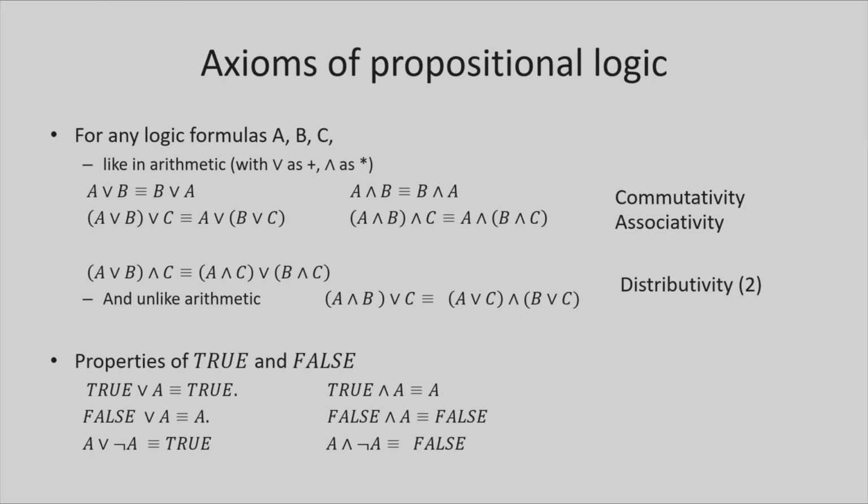We could think about a theory of propositional logic where the objects it deals with are logic formulas, connectives, and so on, and where the rules, the axioms, are exactly those equalities that we considered. For example, that if you take a formula or its negation, then this is always true. We didn't call it a theory, but it is a theory, and we could prove all sorts of things in it.